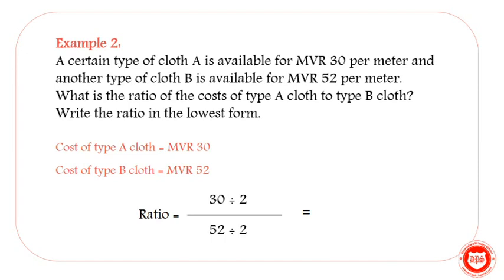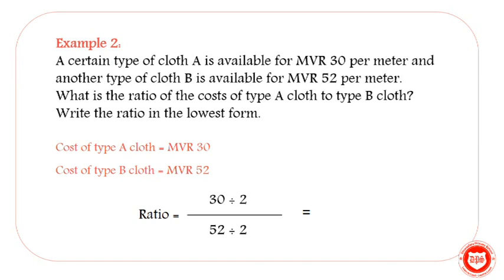So here the cost of type A cloth is equal to 30 rupiah, and the cost of type B cloth is equal to 52 rupiah. So we are going to divide 30 by 52.